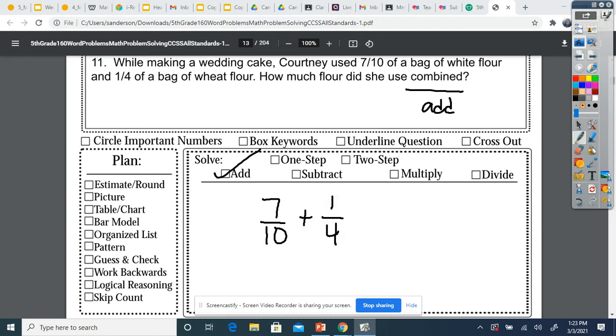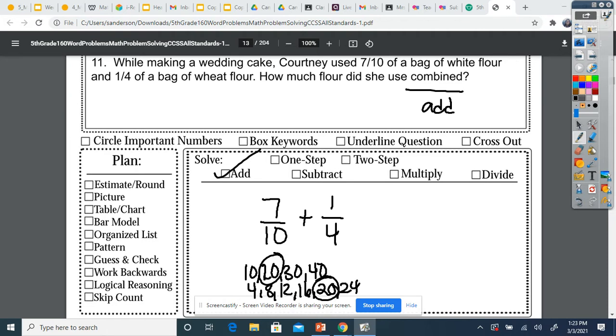So first things first, I need to list my multiples. List my multiples for 4. So what is the lowest number that they have in common? 20.